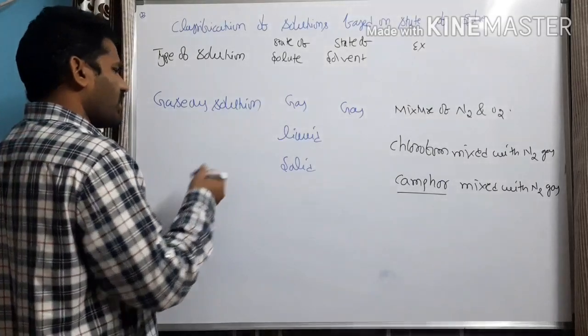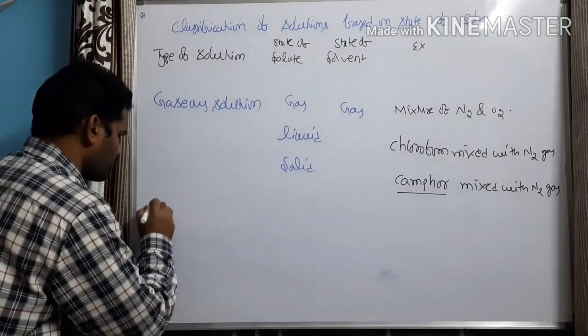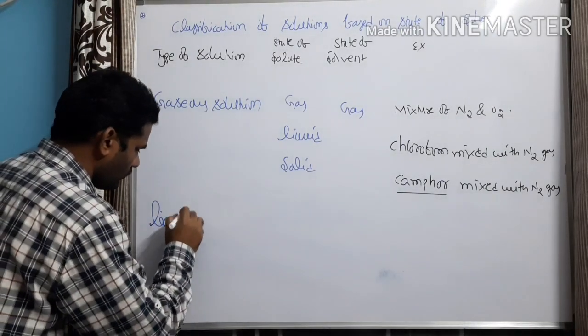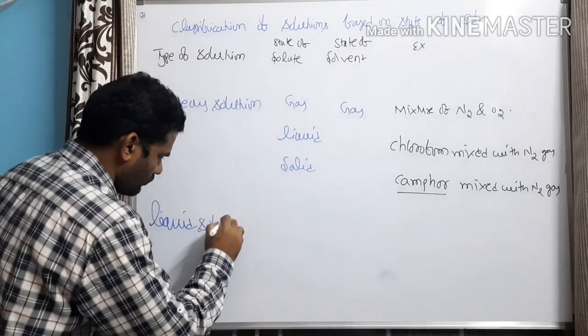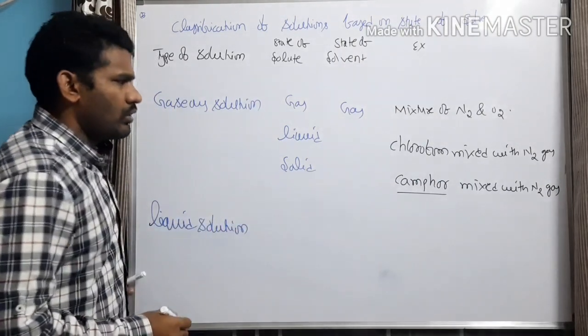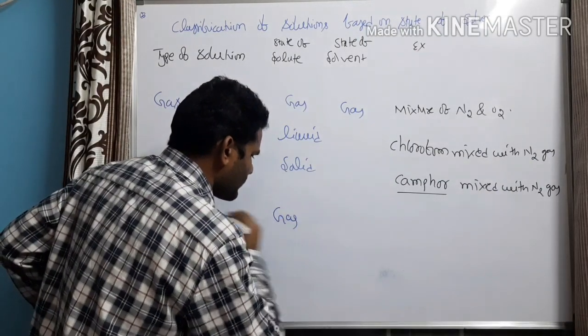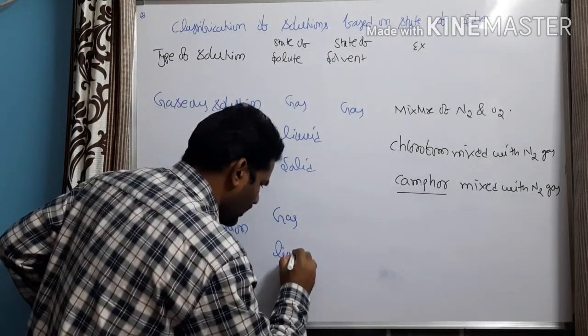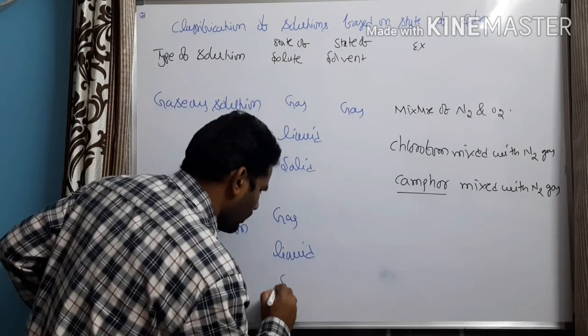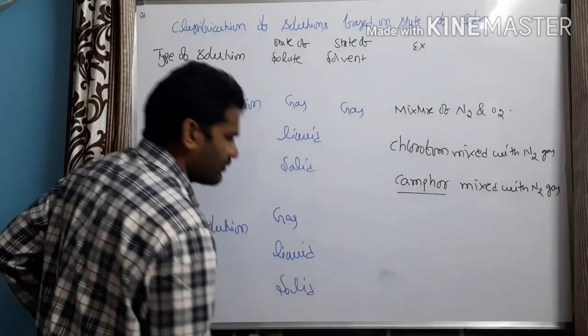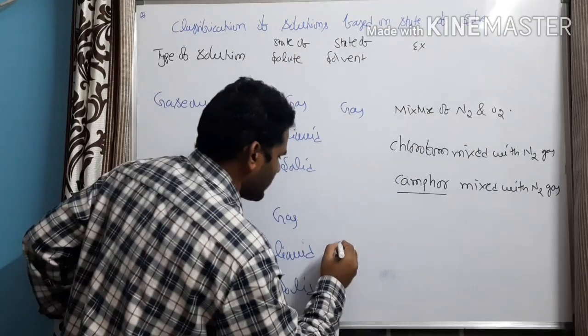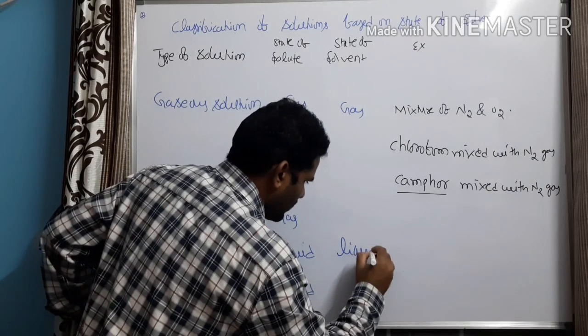Now let us move further for liquid solutions. In case of liquid solutions, solute may be either in gaseous state or in liquid state or in solid state. But solvent is present only in liquid state.